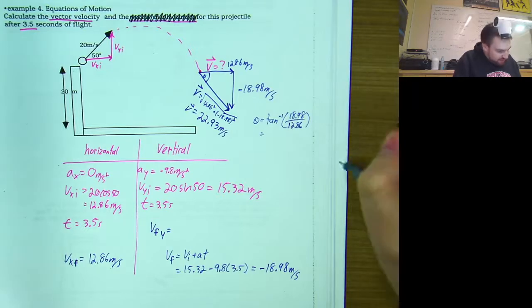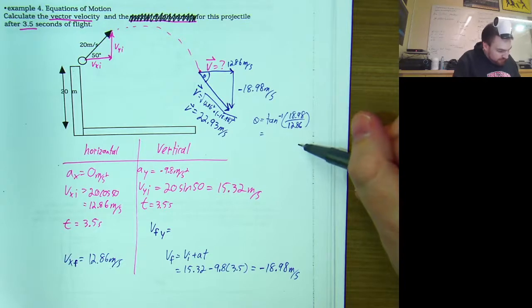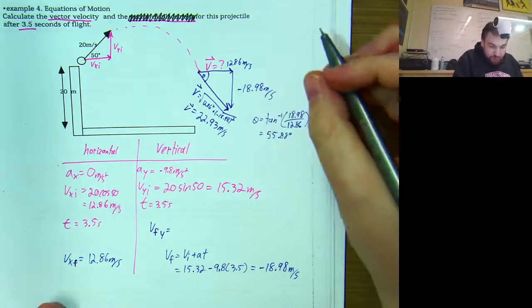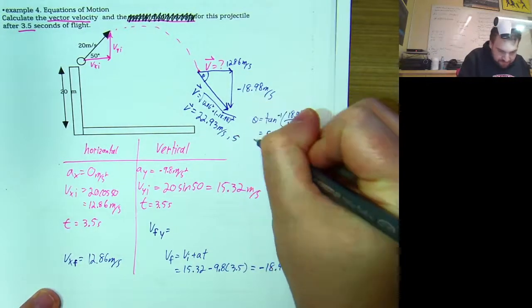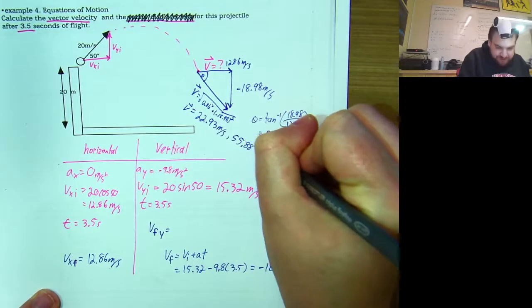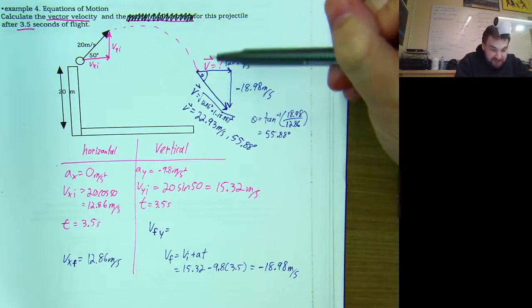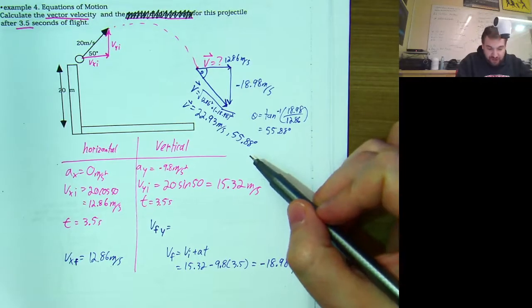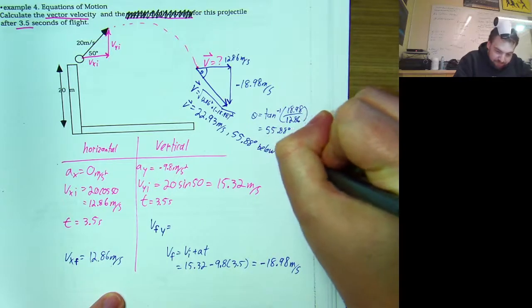That's tan inverse of 18.98 over 12.86, which is 55.88 degrees. So we're going to quote this by saying our velocity is 22.93 meters per second, 55.88 degrees. Now, it doesn't make any sense to talk about north, south, east, west in a problem like this, because this is up and down, this is left and right. So the way you quote this is by saying that our direction is 55.88 degrees below the horizontal.